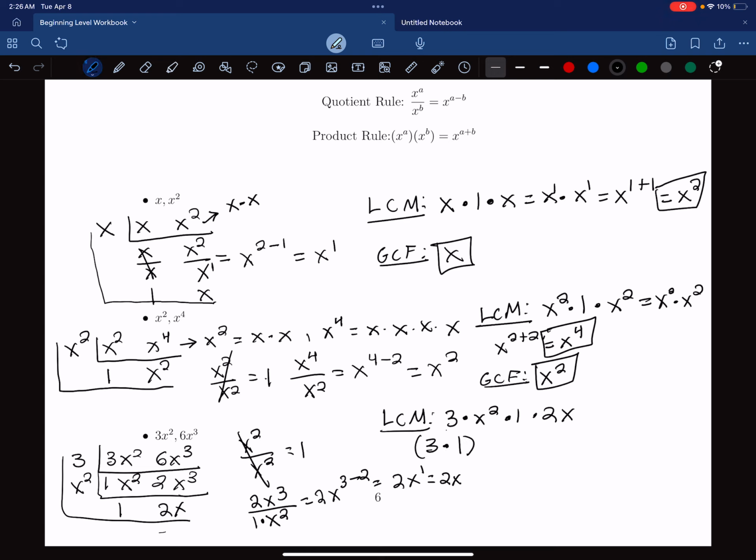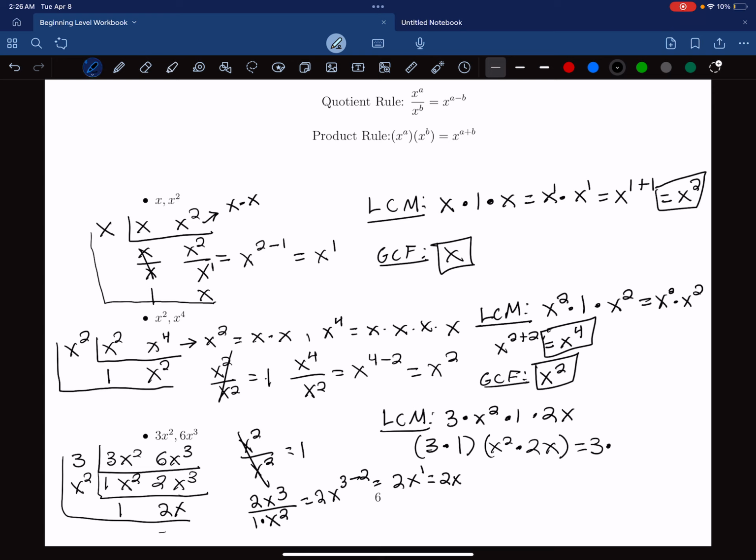So we have a 3 and a 1, and then we're going to multiply this x squared and this 2x together. So when we do that, we get a 3 times 1, which is 3. And then remember, when we multiply variables together with exponents, we're going to add them.